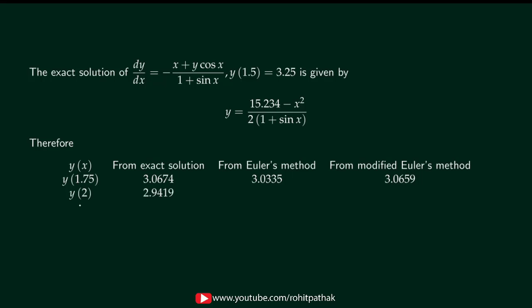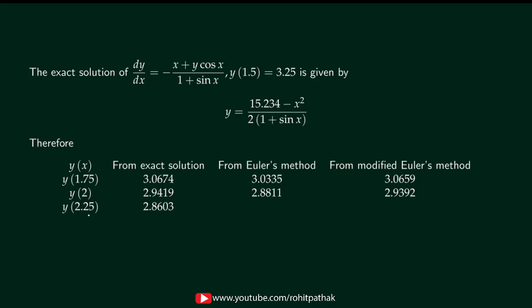Similarly, y at 2 from the exact solution is 2.9419. From Euler's method we find 2.8811, and from modified Euler's method we find 2.9392. So we see that this is close to the exact solution. This value is better as compared to the value obtained by Euler's method.